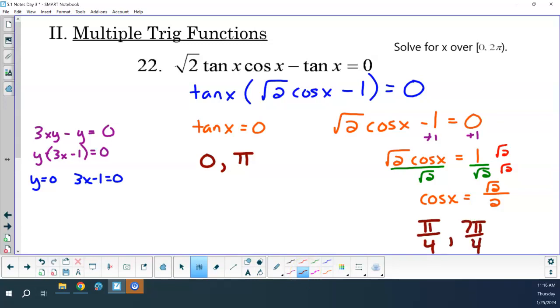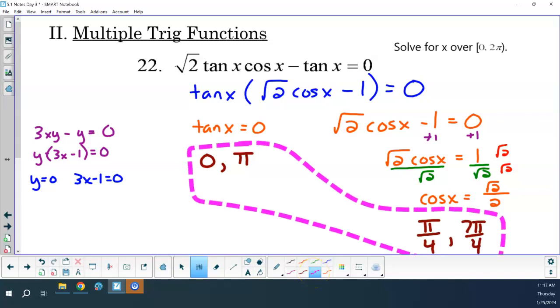This simpleton trig equation has 4 answers. Okay? The old rules of degree tells you how many answers you're going to get. That doesn't work in trig equations.